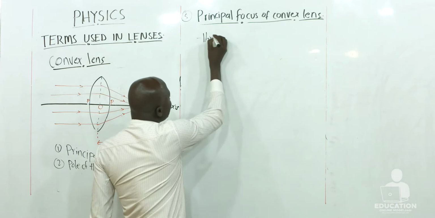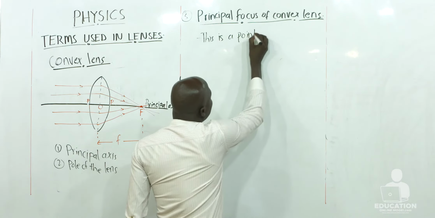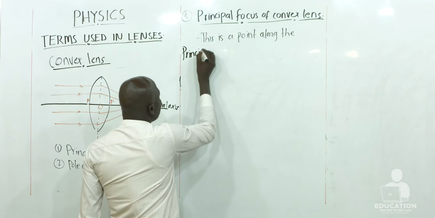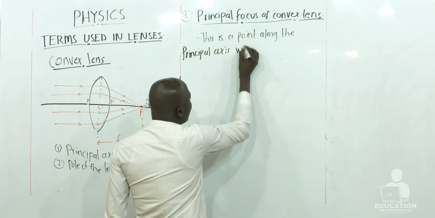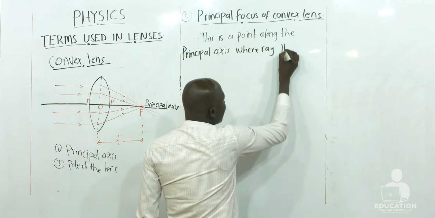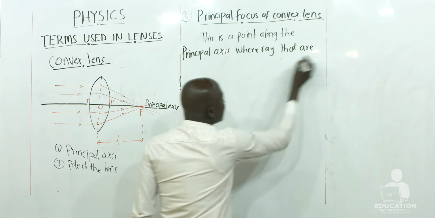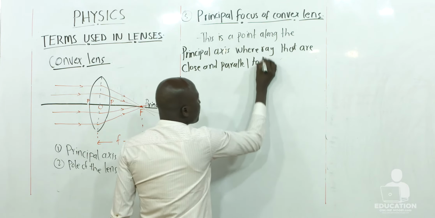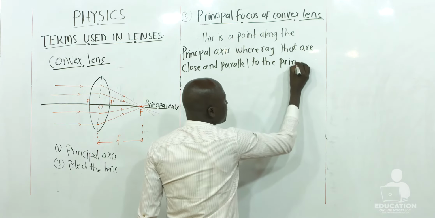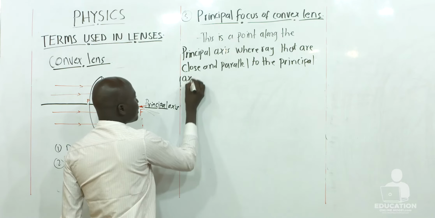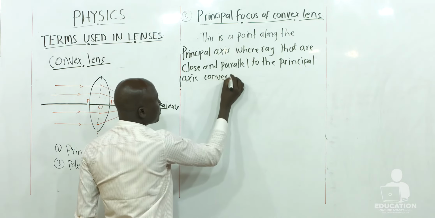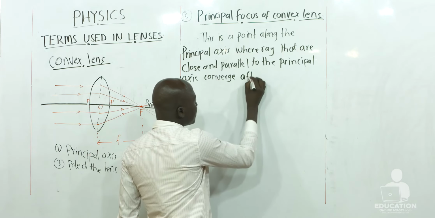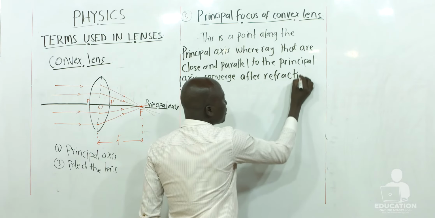Now, what do we understand by the principal focus of the convex lens? We say this is a point along the principal axis where rays that are close and parallel to the principal axis converge after refraction from the lens.